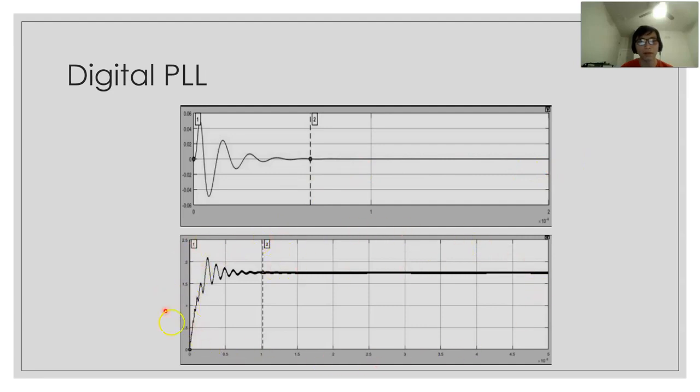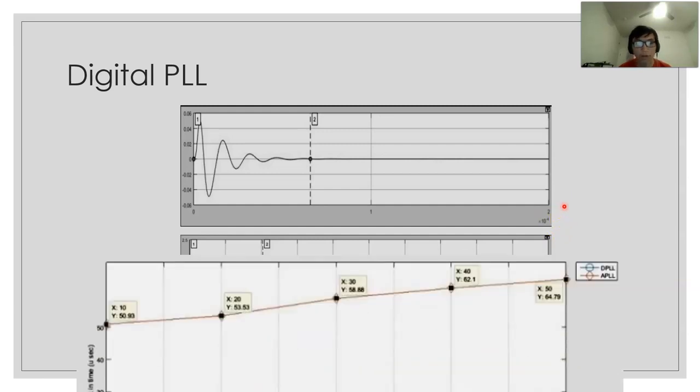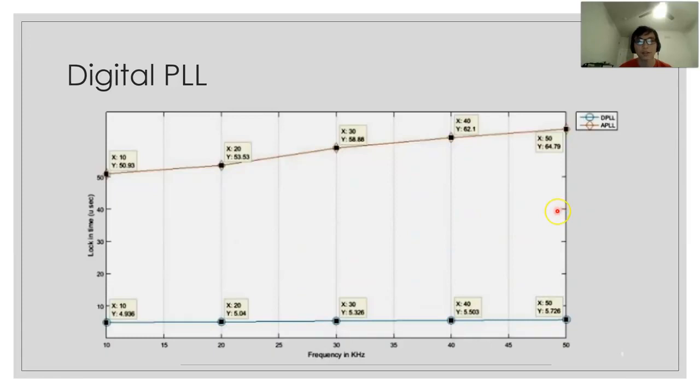Down here is the digital phase-lock loop, and it takes a much shorter amount of time to enter the lock stage, as you can see. This graph also shows that the time needed to enter the lock stage for the digital phase-lock loop is much lower than for the analog phase-lock loop.